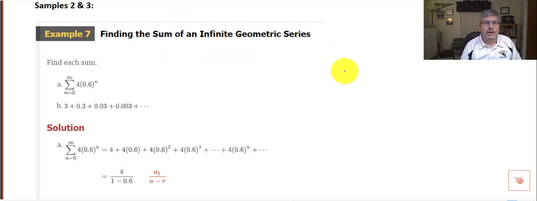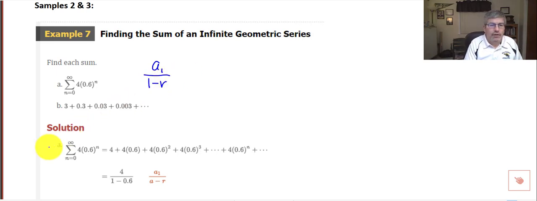So let's take a look at a couple samples. We want to find the sum of an infinite geometric series. In sample A here, the sum from n equals 0 to infinity of 4 times 0.6 raised to the n. We're going to use our formula a sub 1 over 1 minus r.